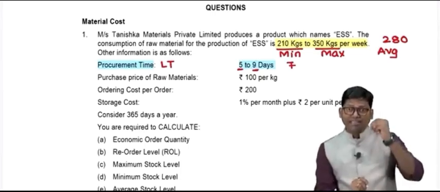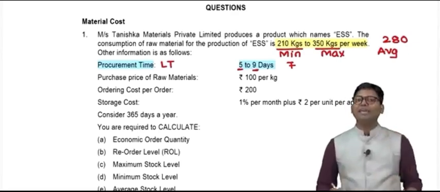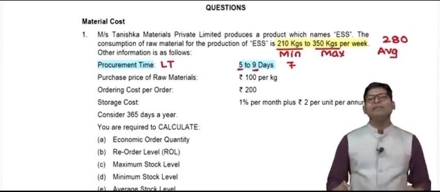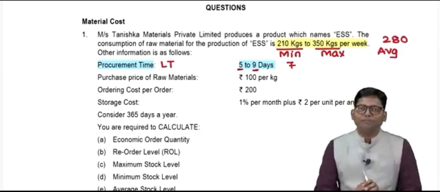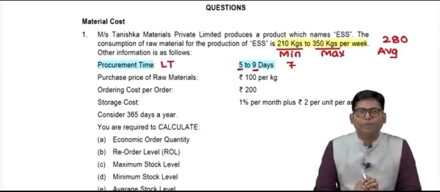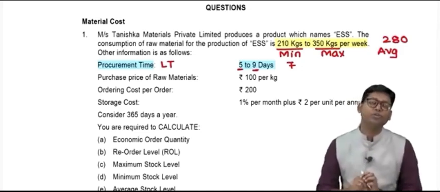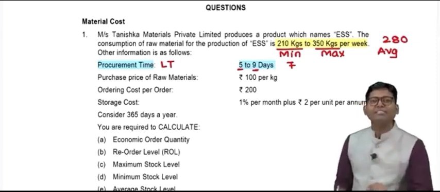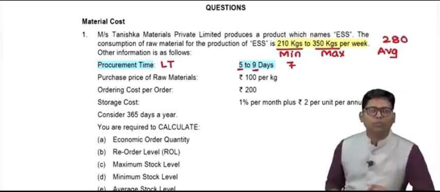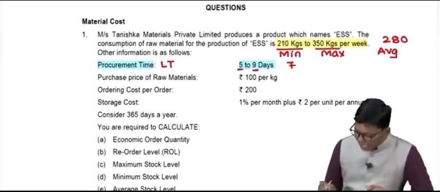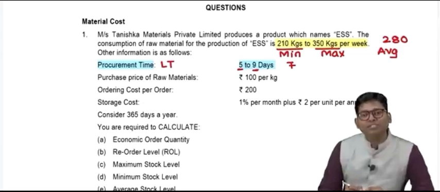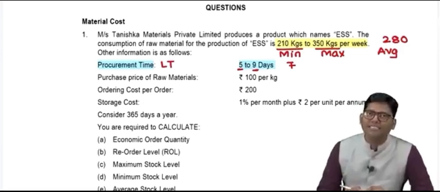But if you check the given consumption and the given lead time, they are not at the same level. Your consumption is given on a weekly basis and procurement time is given on a daily basis. So you can convert the weekly consumption into a per day basis. How to convert weekly consumption to per day basis? Divide the weekly consumption by 7 days a week.